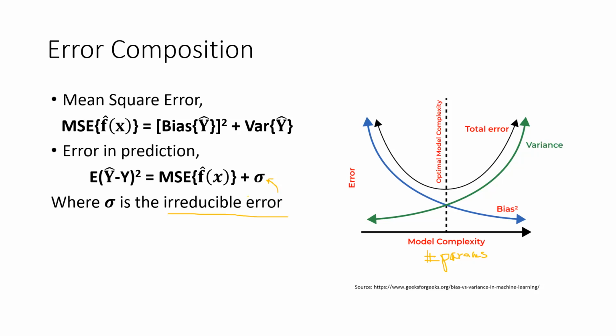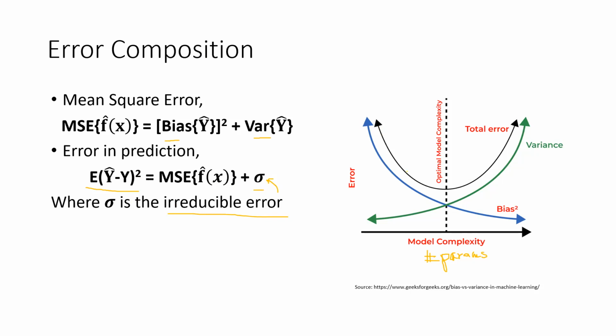So that is constant, but it is not relevant to the bias and variance. So the expected value of the square of the total error is the bias squared plus the variance plus the irreducible error.